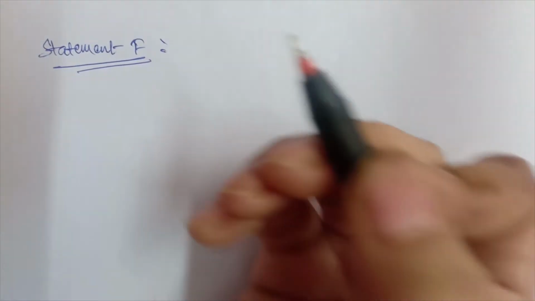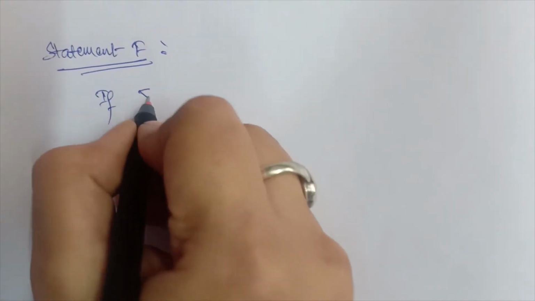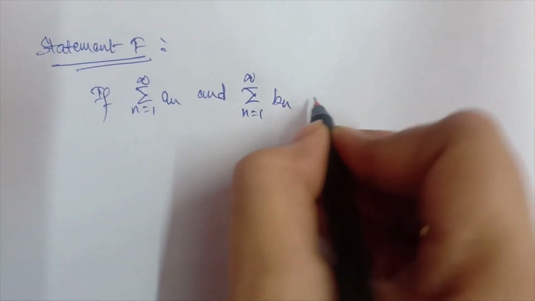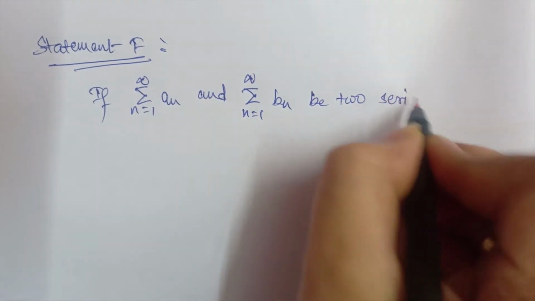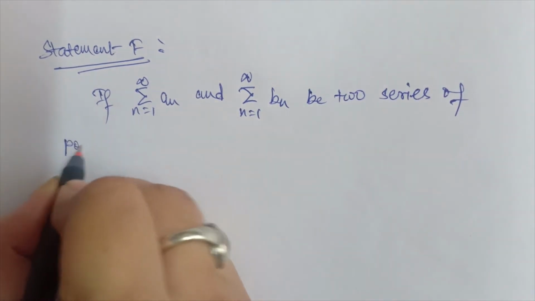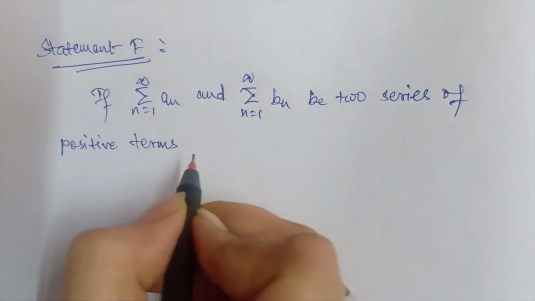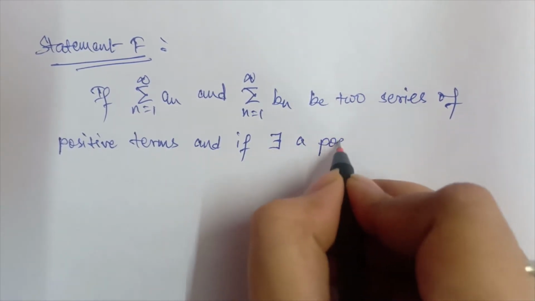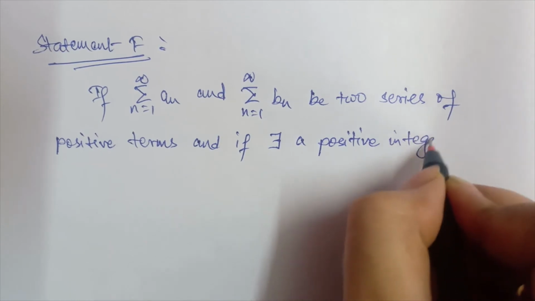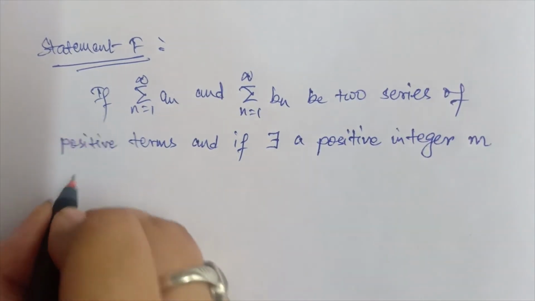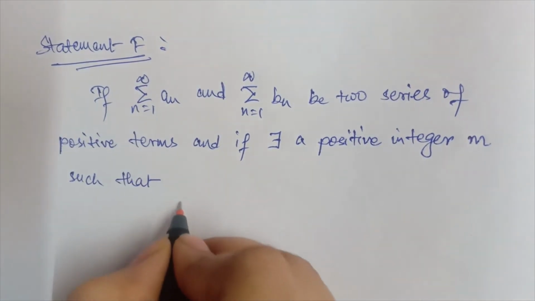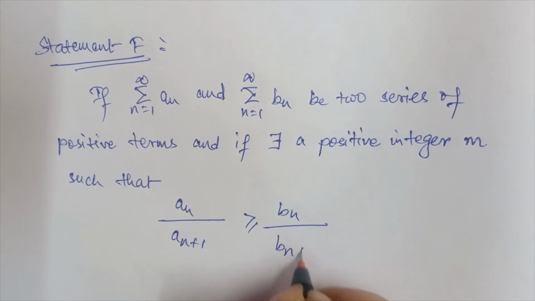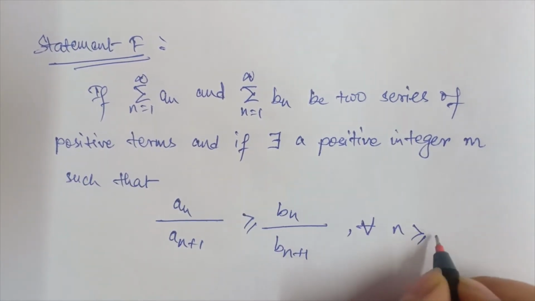Statement F. If summation n equals to 1 to infinity an and summation n equals to 1 to infinity bn be two series of positive terms, and if there exists a positive integer small m such that an by an plus 1 is greater or equal to bn by bn plus 1 for all small n greater or equal to small m.